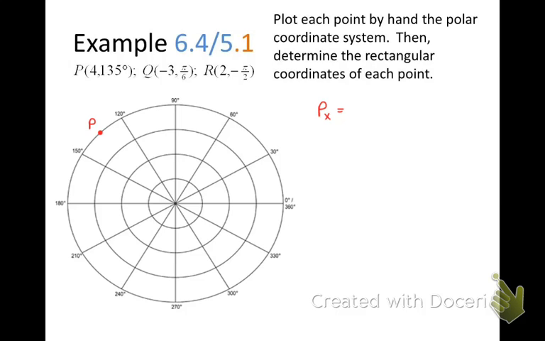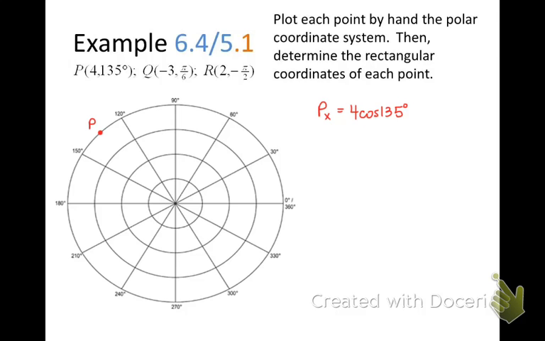Okay, so what would be the formula that we're going to use, based on the other slide, that we can always use? What is the x-coordinate always going to equal in terms of r and theta? Okay, r, so 4 cosine of theta, right?